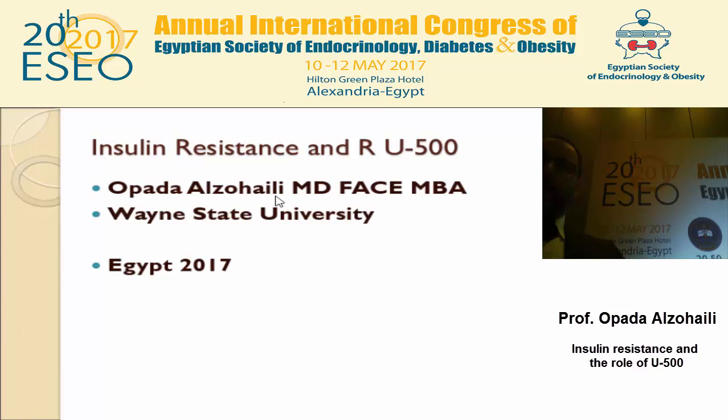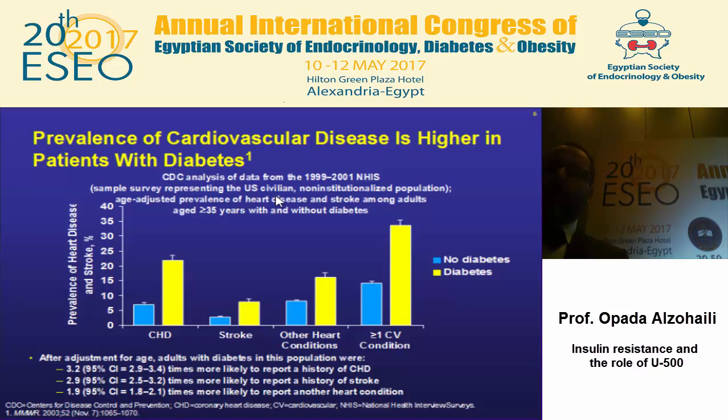And then we'll talk about the second part, on what is insulin resistance in terms of the need for more and more insulin as we go on, and what are the reasons for it.